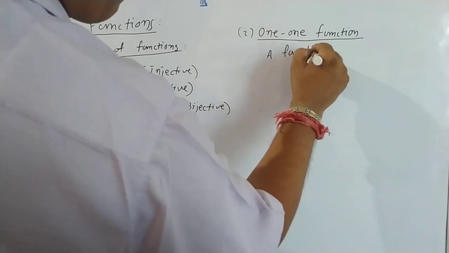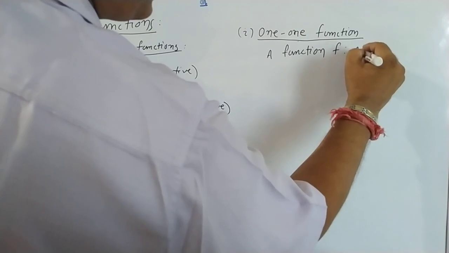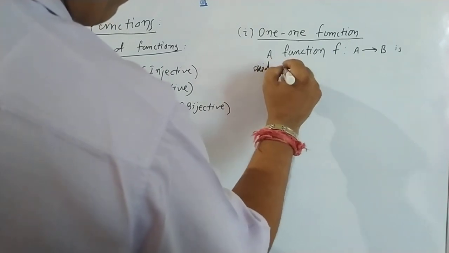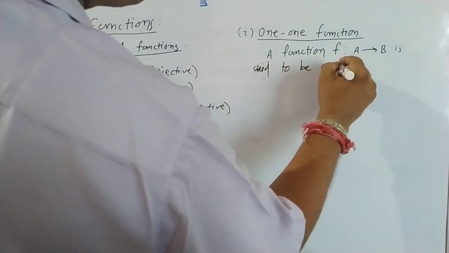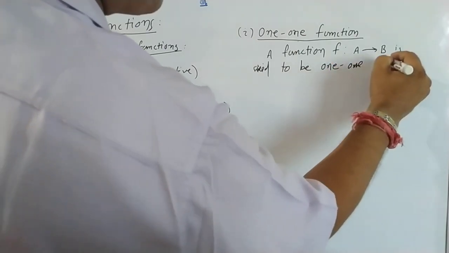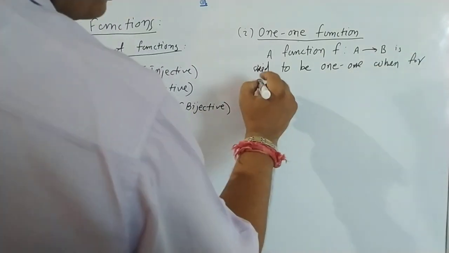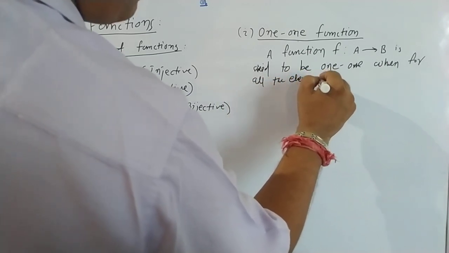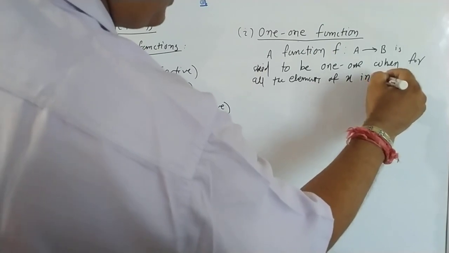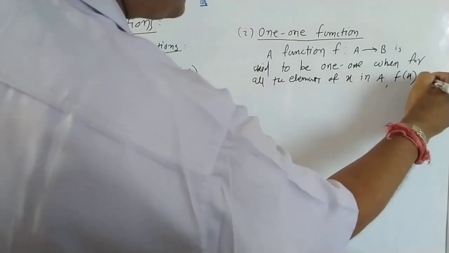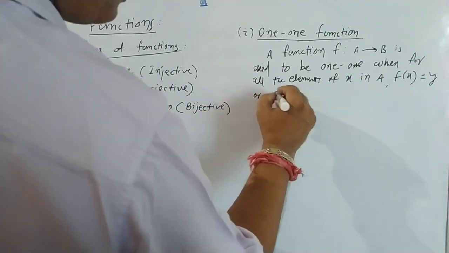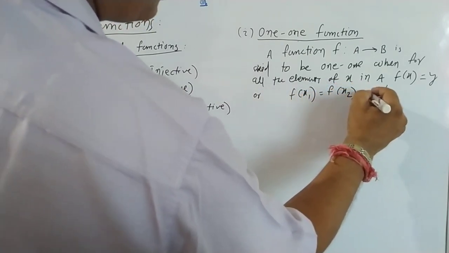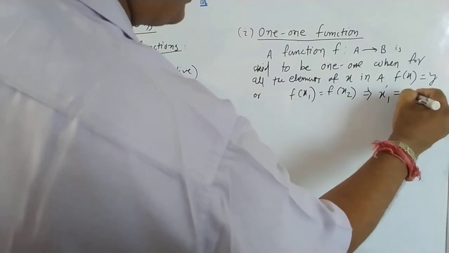A function f: A to B is said to be one-one when for all the elements x in A, f of x1 is equal to f of x2 implies x1 is equal to x2.